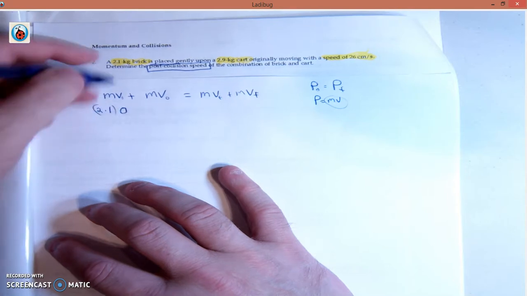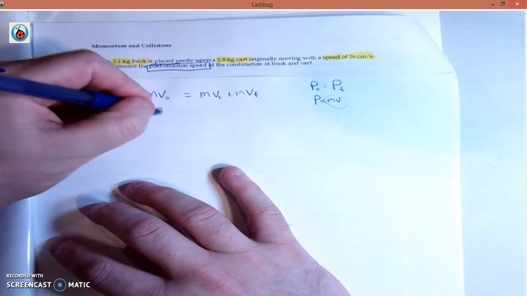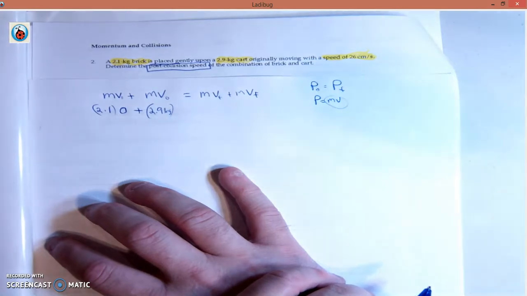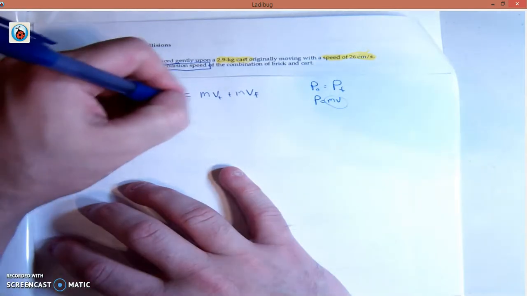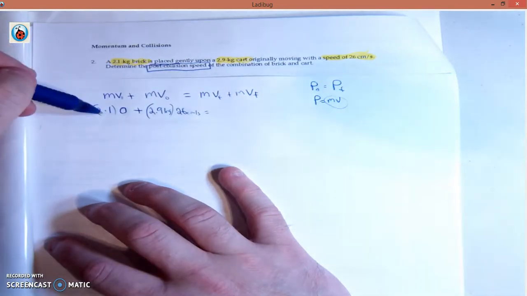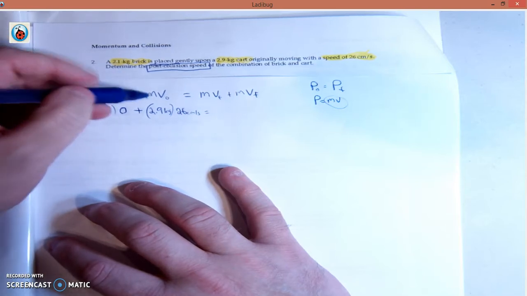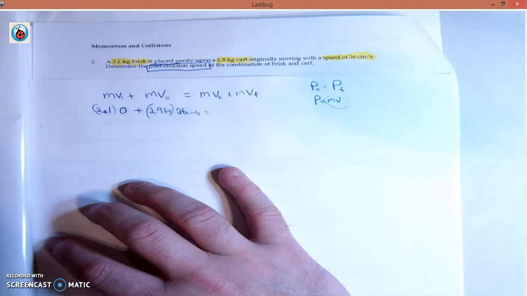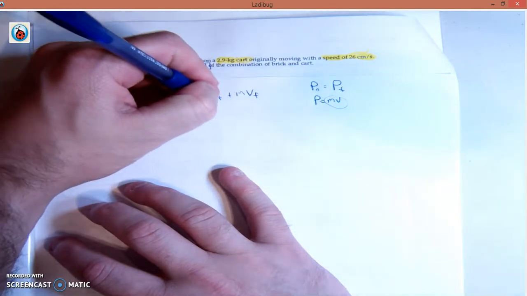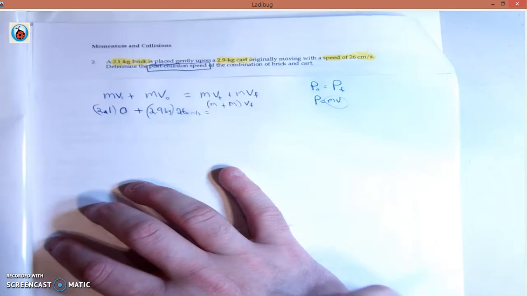Plus the mass of the second object, 2.9 kilograms, times the velocity, which was, you guys remember, 26 centimeters per second, equals. That's mass times velocity. Remember that's 2.1, not 2 times 1. We're going to skip and rearrange this like how we did: mass plus mass of the second object times final velocity, right?